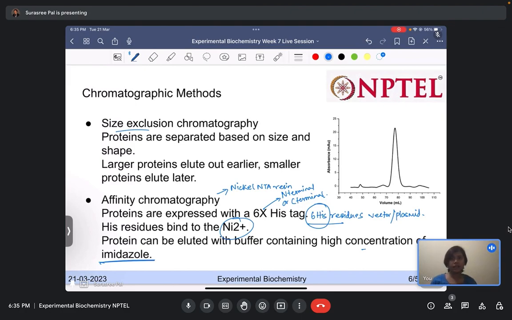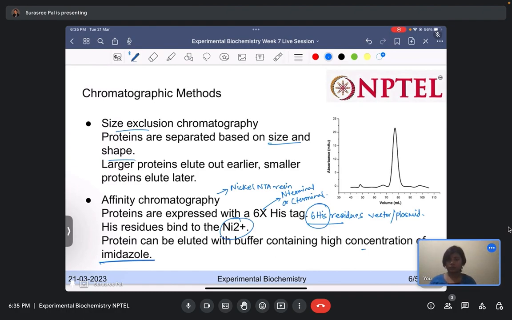They are not desired for us. So we need to exclude these contaminant proteins. For that, we use another chromatographic separation method after affinity chromatography, which is usually size exclusion chromatography. And in size exclusion chromatography, proteins are separated based on size and shape.